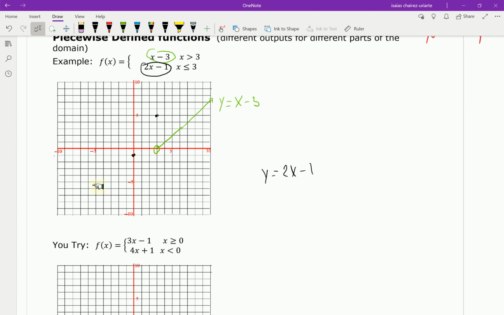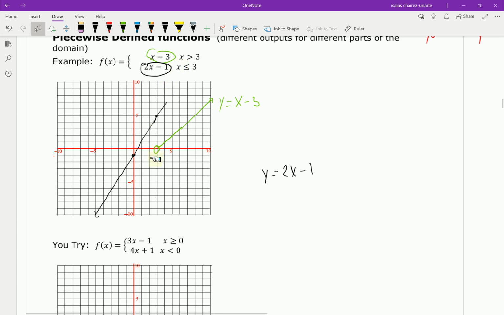Okay, and then let me connect the dots here, something like that. This line keeps on going up this way forever. But for this line, I only need the piece with x's that are less than or equal to 3.